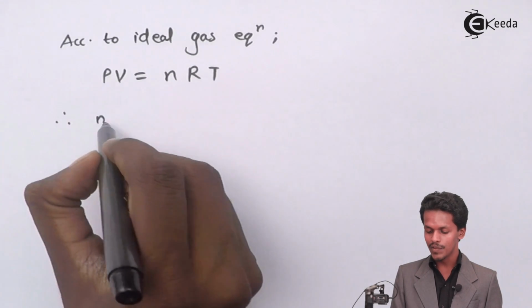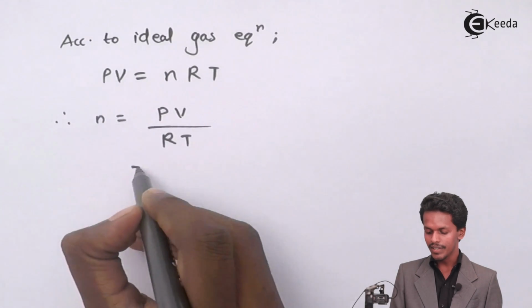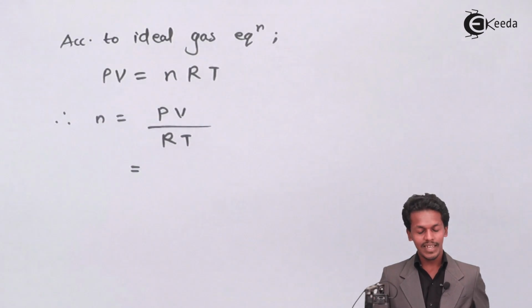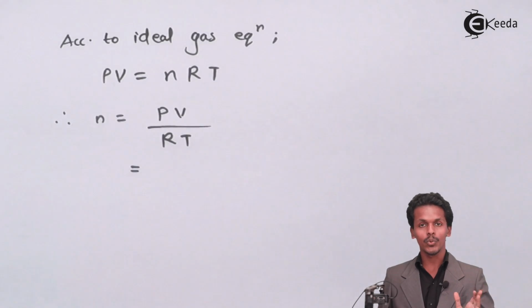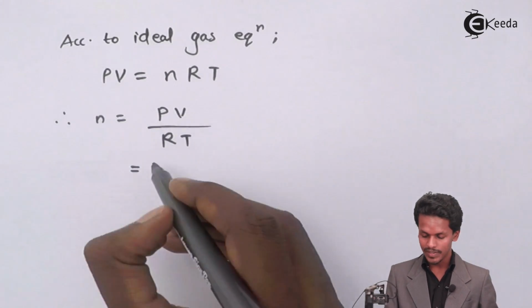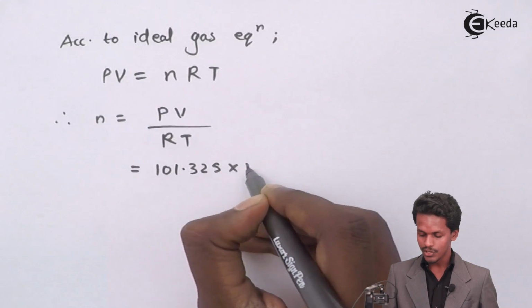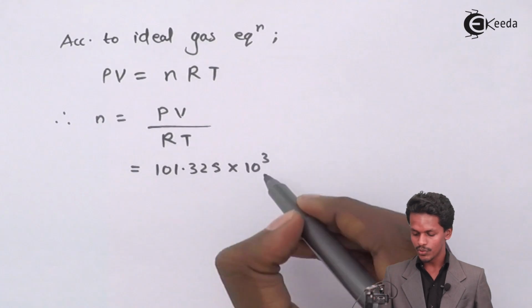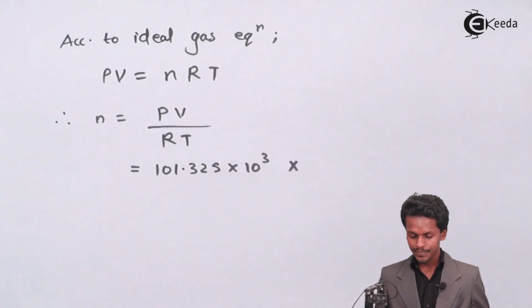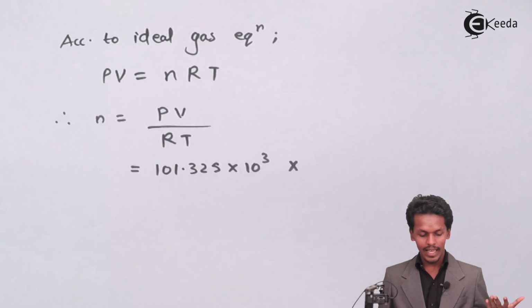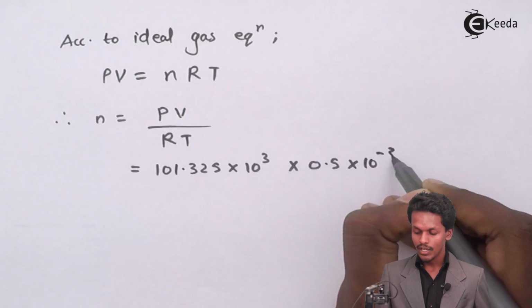Therefore, n equals PV divided by RT. The value of P that we converted into a proper unit is 101.325 into 10 raised to 3 Newton per meter square. The volume is 0.5 into 10 raised to minus 3 cubic meter.